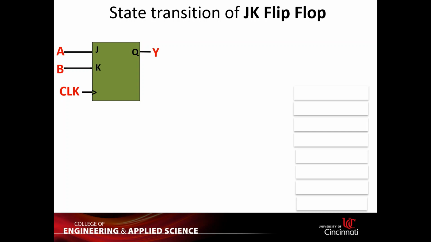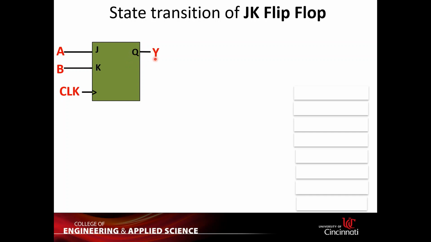First, you have the JK flip-flop diagram here. Your JK flip-flop has two inputs, I would say A and B, and it has the output, which is showing the next state.